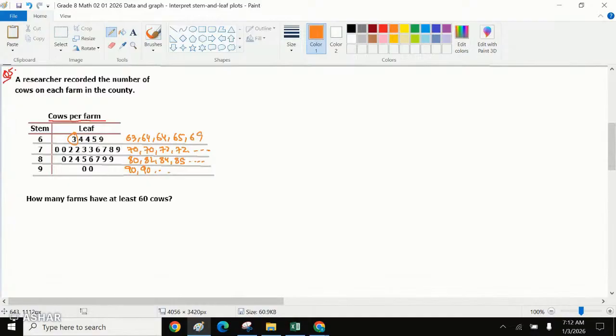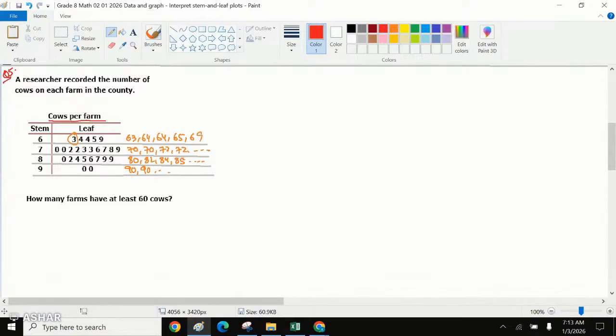So when we look at the stem and leaf diagram for this question, what is the minimum number of cows? That is 63. And 63 means at least 60. 63 is bigger than 60, right? That means all the numbers would be counted, right?